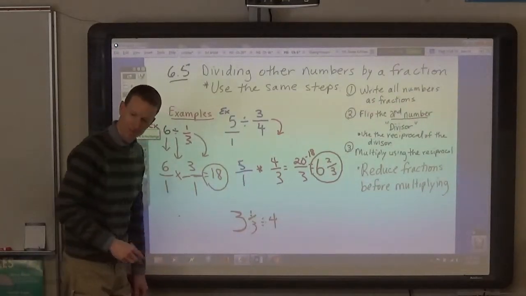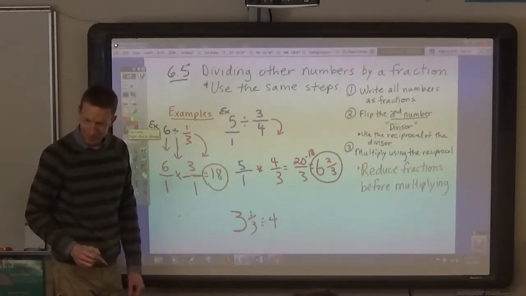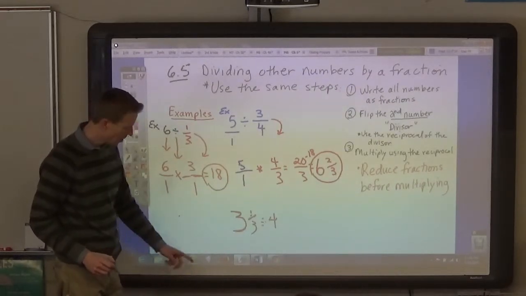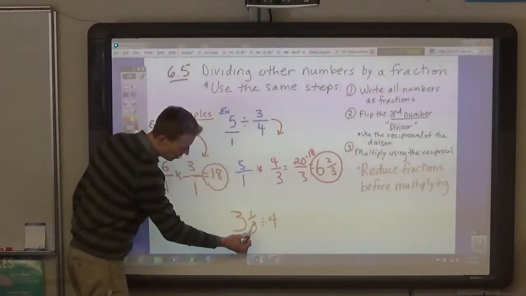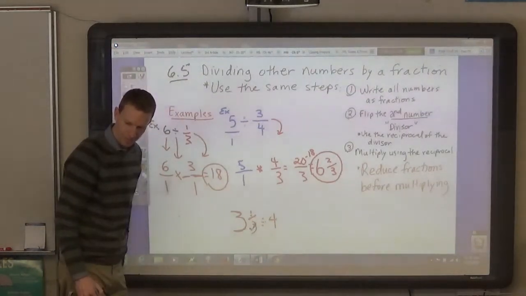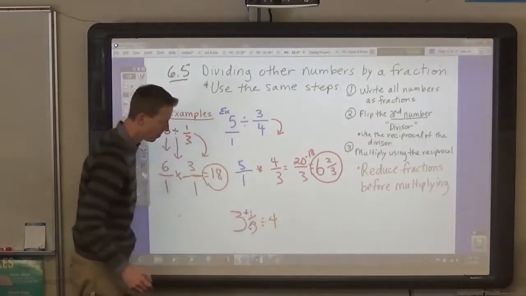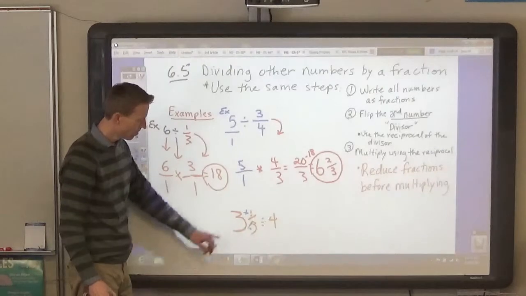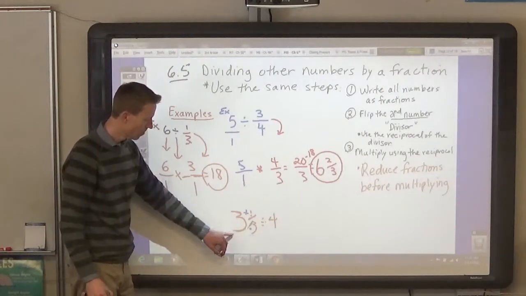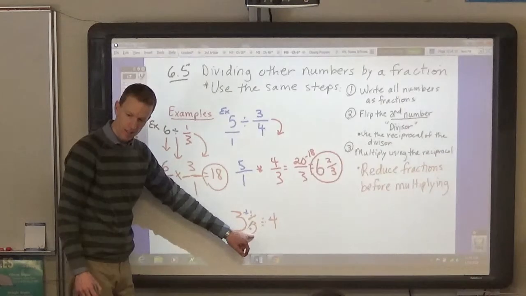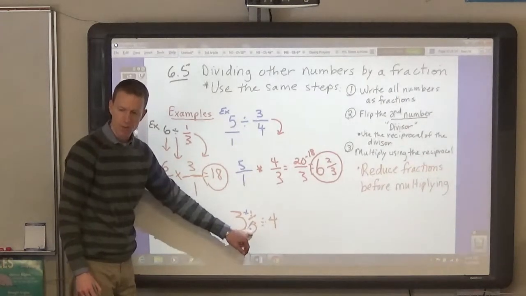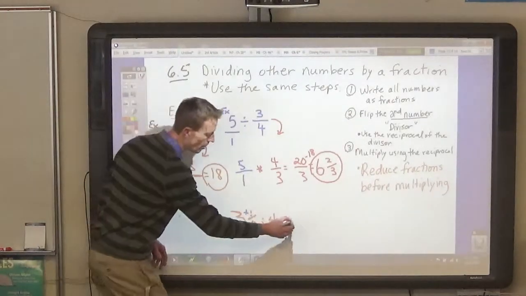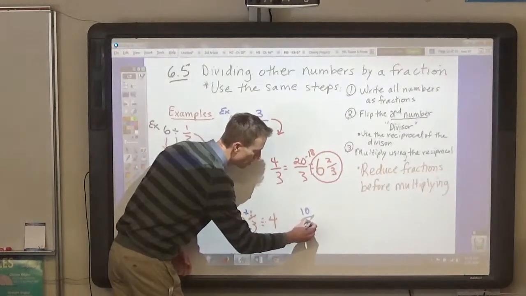Carson? Good. 3 times 3 plus 1. So 3 times 3 is? 9. 9 plus 1 is 10. So the first number is 10 thirds.